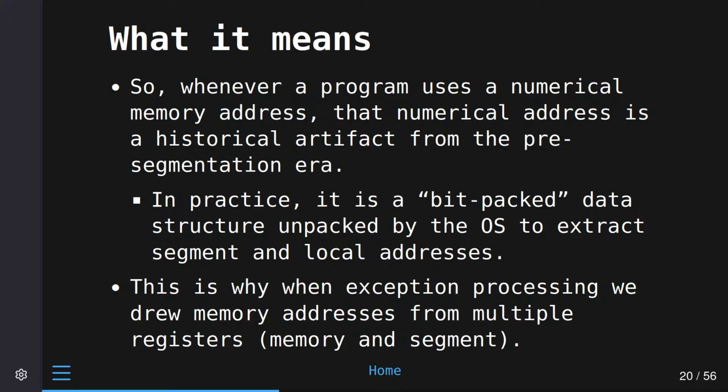Now there are going to be multiple numerical descriptions of locations, and there's not even going to be a bijection between the two numerical descriptions. So how does this work? Whenever a program uses a numerical memory address, the reason it is using a numerical address is because prior to 1978, those memory addresses referred to probably your distance from the start of the tape.